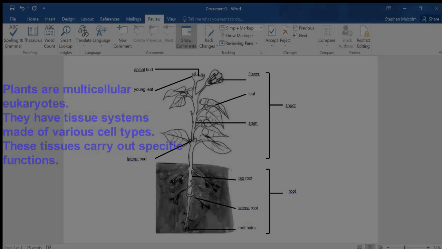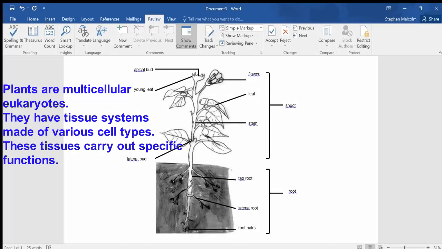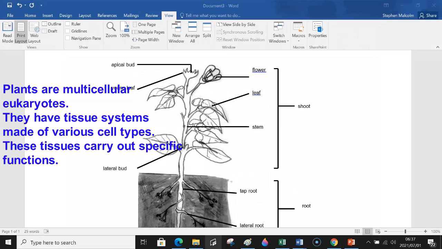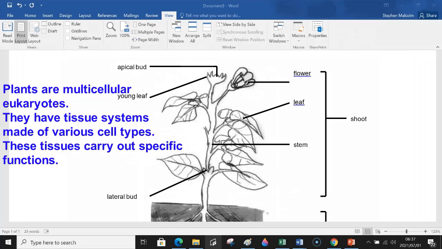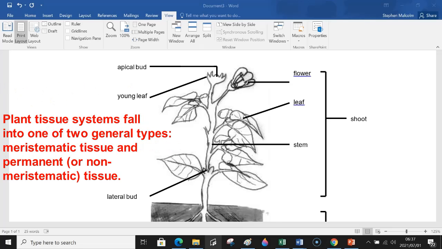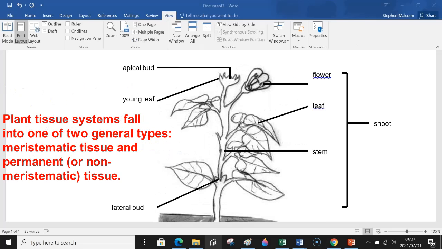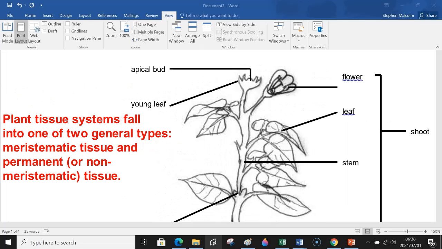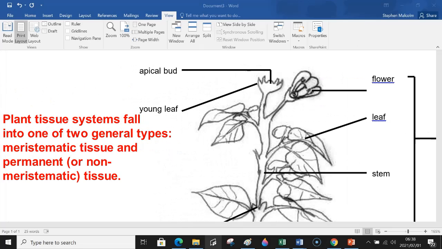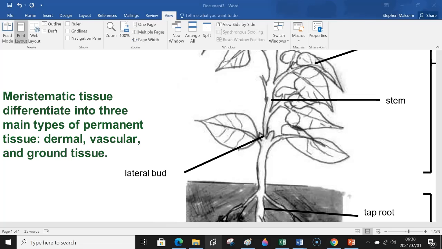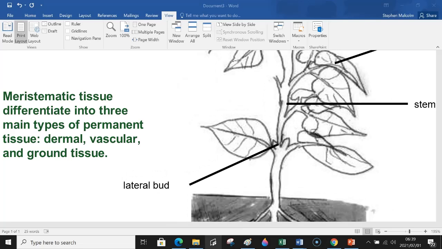So let's just remember that we're dealing with a plant that has both a root and shoot system. Now, plants are multicellular. They have tissues made up of various types of cells, and those tissues are either meristematic or the non-meristematic or permanent tissues. Now, there are three types of permanent tissues: the dermal tissue, the ground tissue, and the vascular tissue.